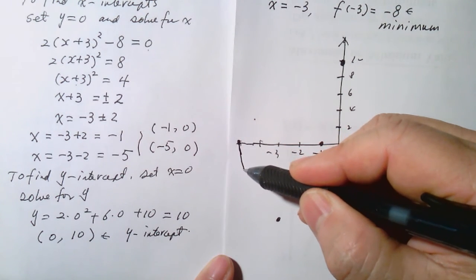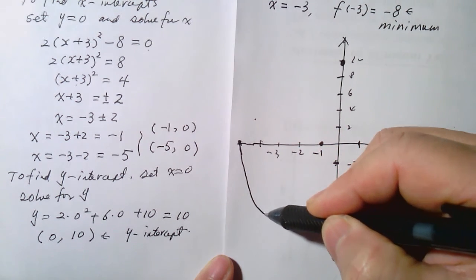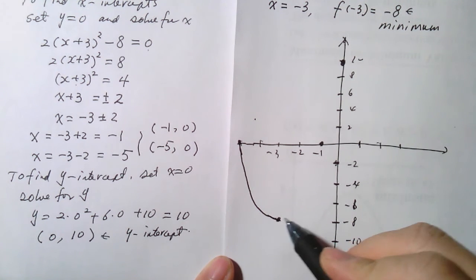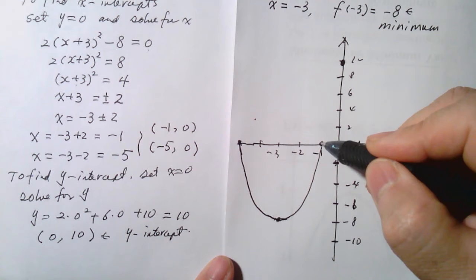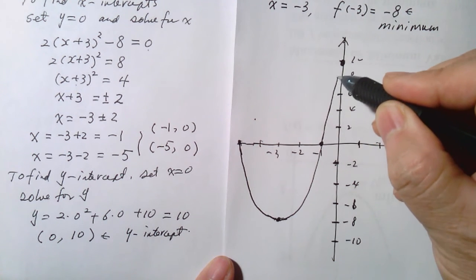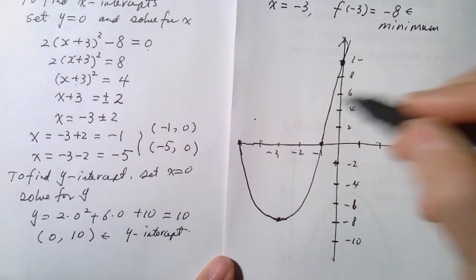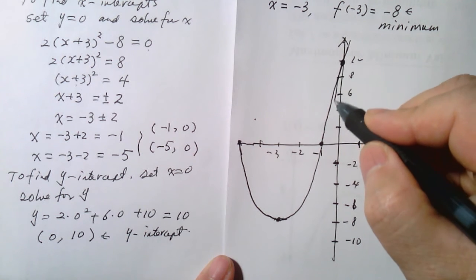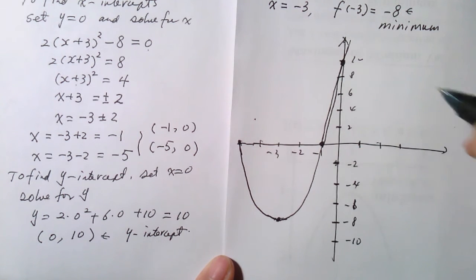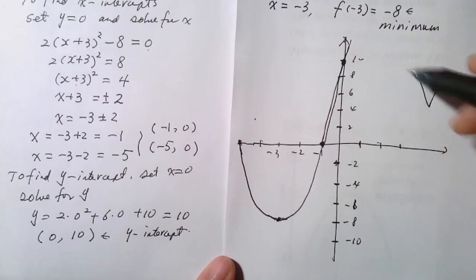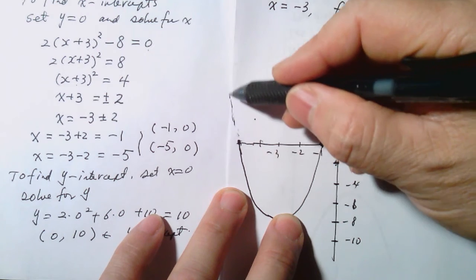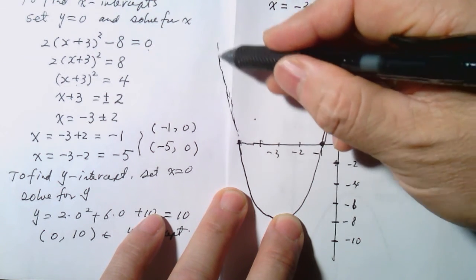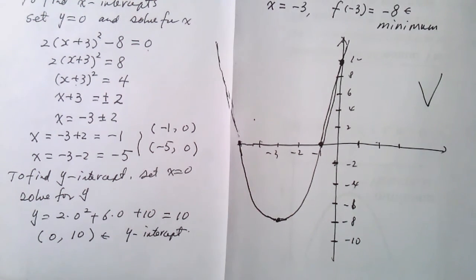And remember, when we graph the function, make sure you always draw it round and smooth. Don't ever make the graph turn sharply like this, because a quadratic function never makes a turn like that. So that's what we have for the graph.